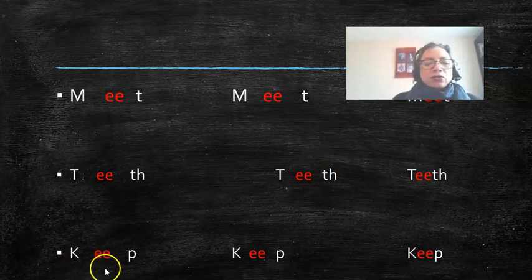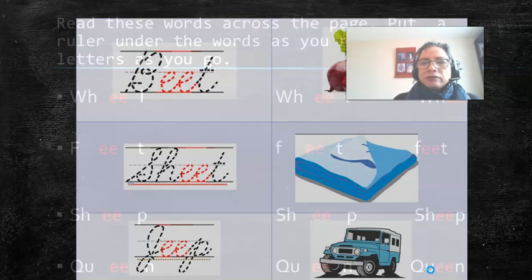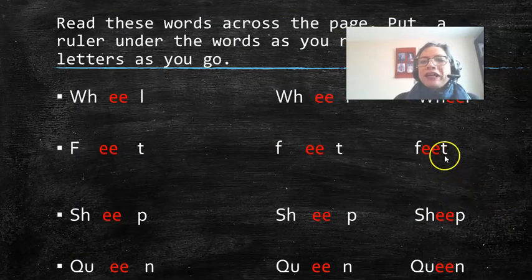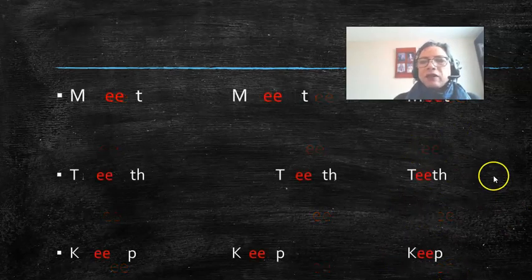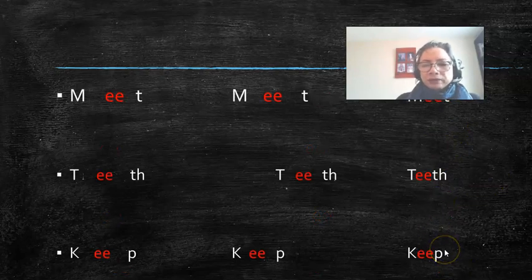K, "ee, p," and that sounds keep. Let's go back. Wheel, feet, sheep, queen, meat, teeth, keep.